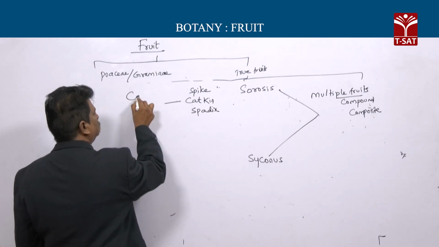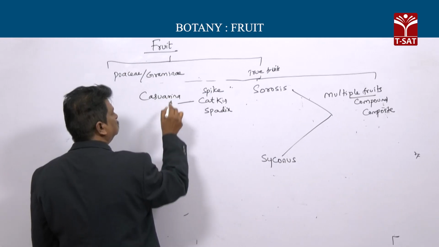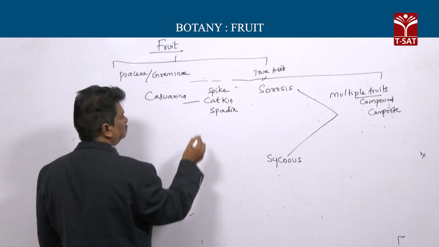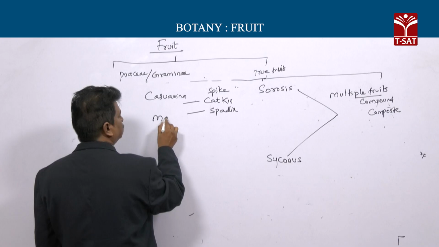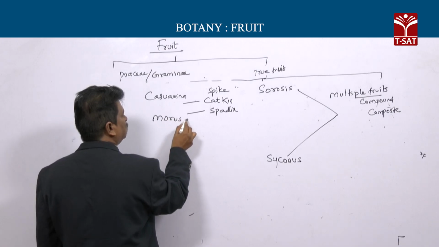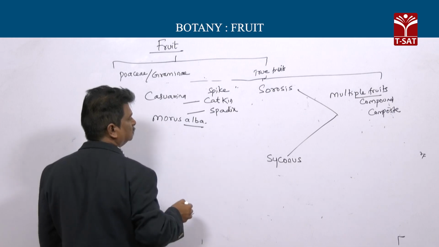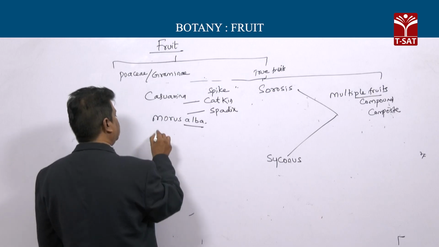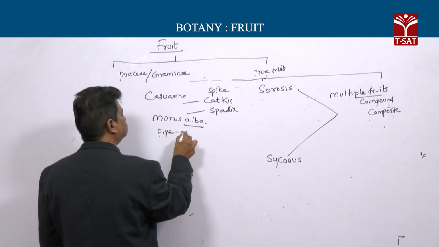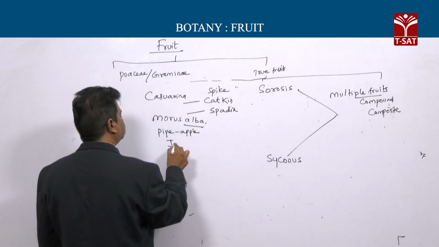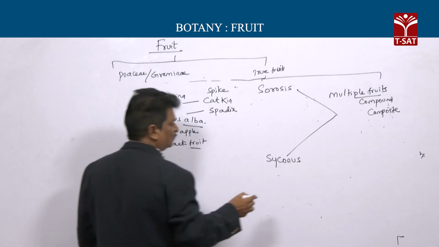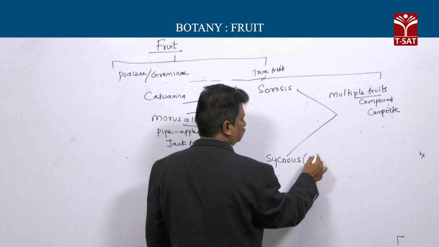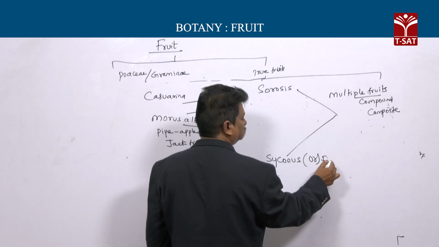Examples: catkin, and spadix. Examples of sorosis are mulberry, another example is pineapple, and also jackfruit. Then syconus, also called fig.